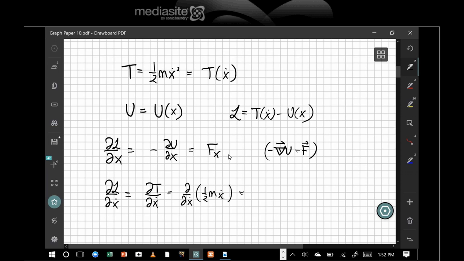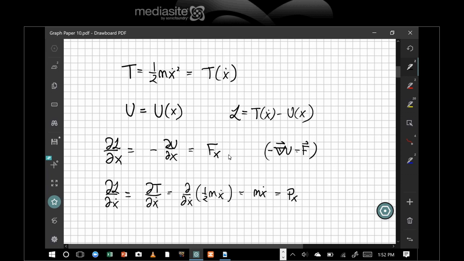That's going to give me m x dot. But that is p, the linear momentum. So we showed here, in this one-dimensional conservative case, that the generalized force is equal to the real force on a particle, and the generalized momentum is equal to the linear momentum of the system.